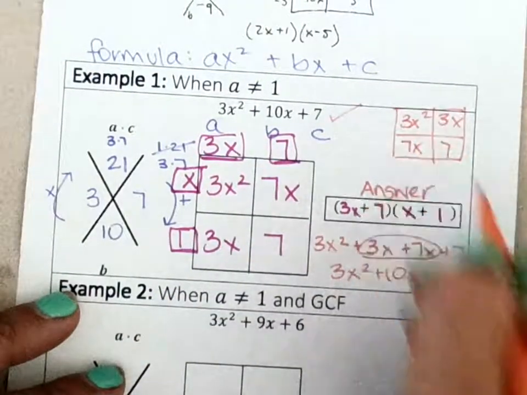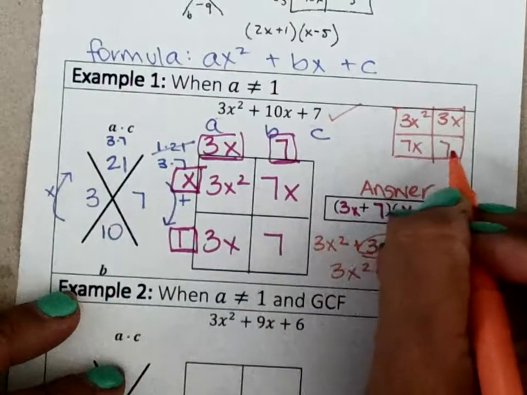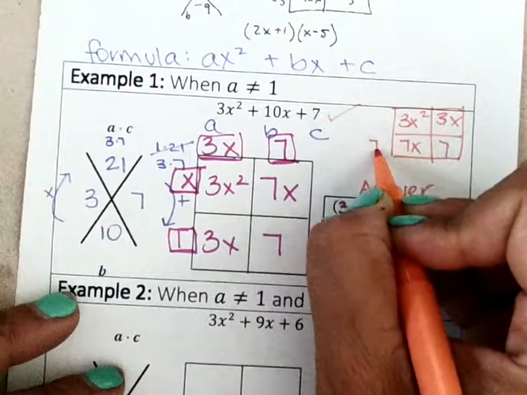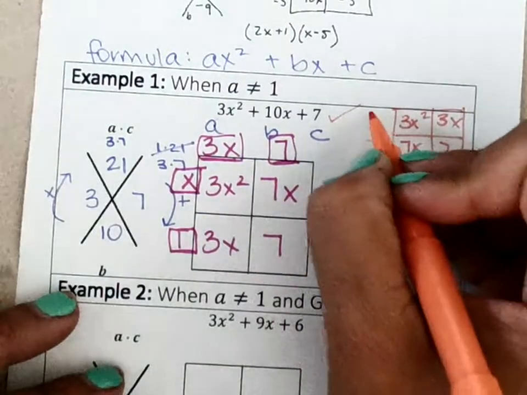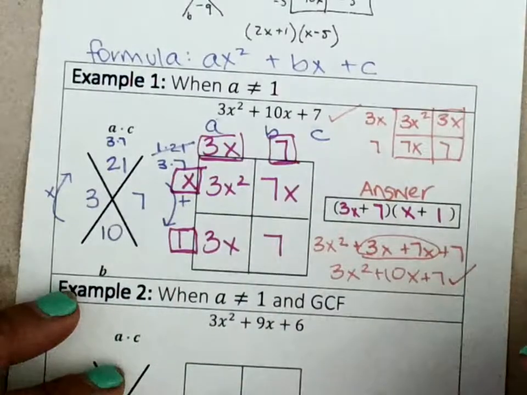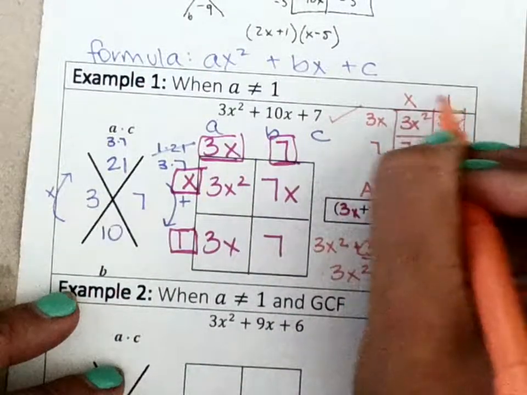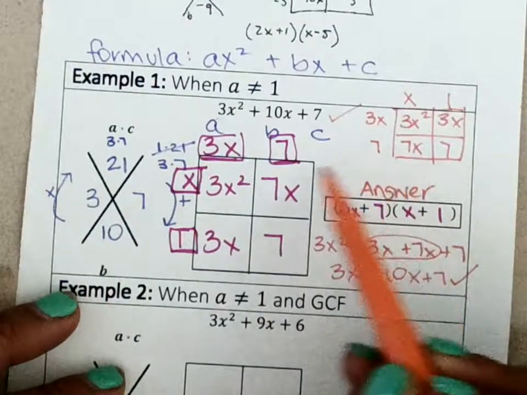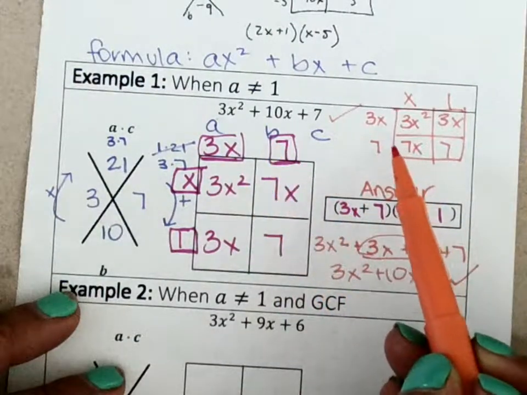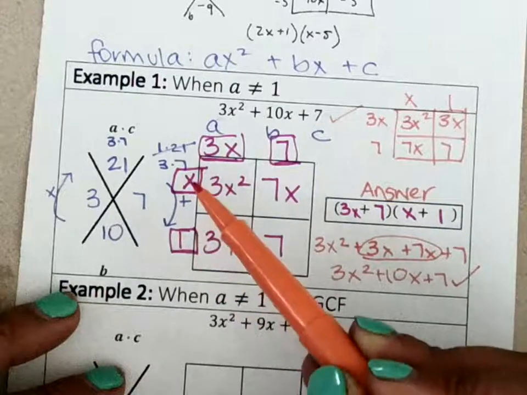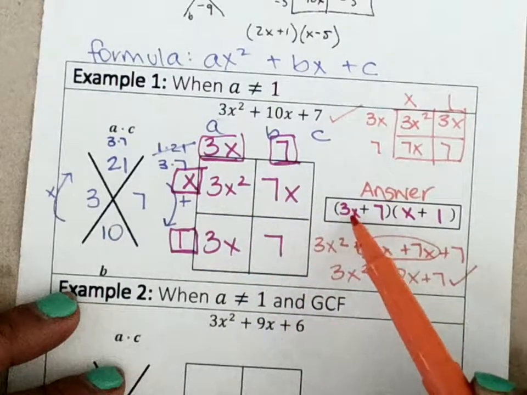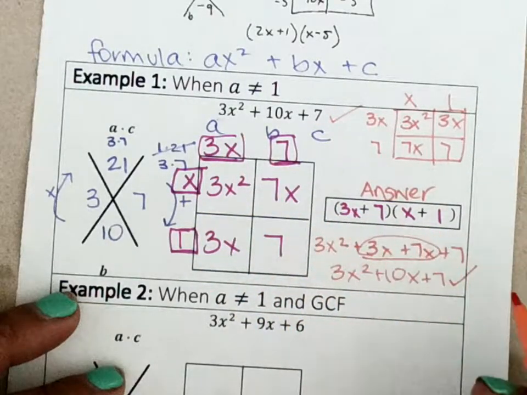So now they're in the opposite boxes. We would still be able to pull out a greatest common factor of 7, a greatest common factor of 3x, a greatest common factor of x, and 1. And it would have just switched our top numbers and our side numbers. But we would have gotten the exact same factors.